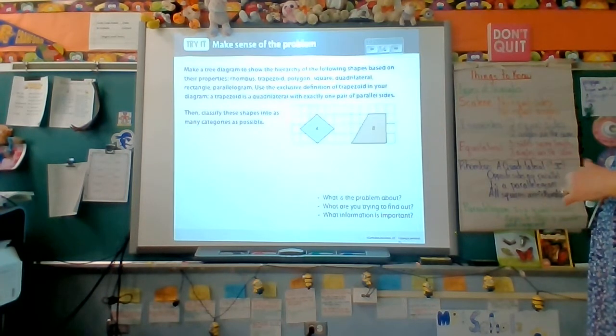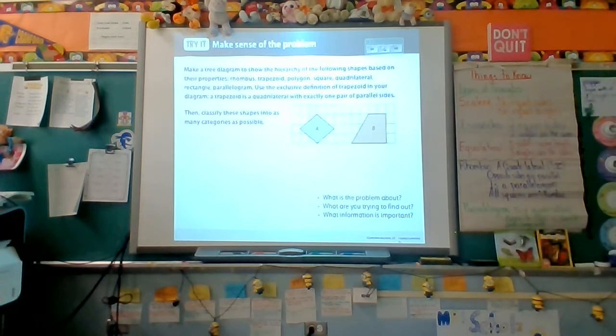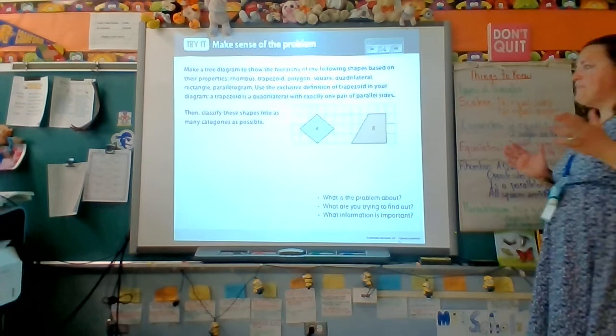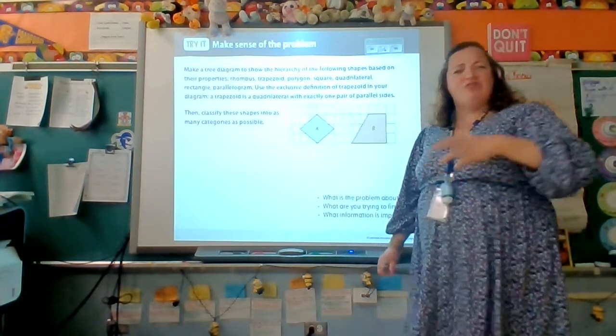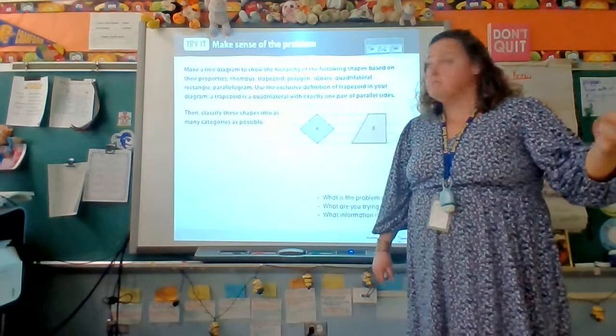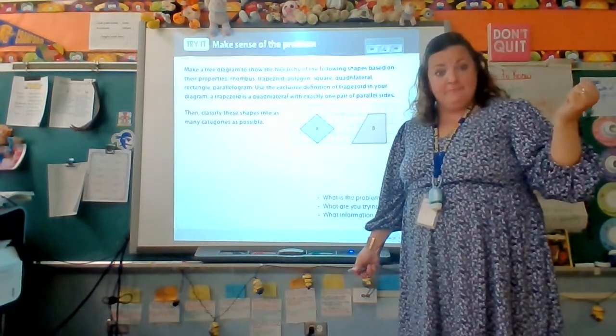Then we're going to classify these shapes into as many categories as possible. It's going to take a lot of thinking. So let's start at the top. What is the most general category? Did you say polygon? Because that's what I'm thinking.